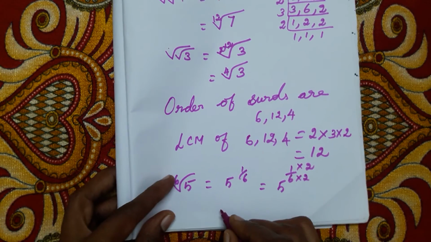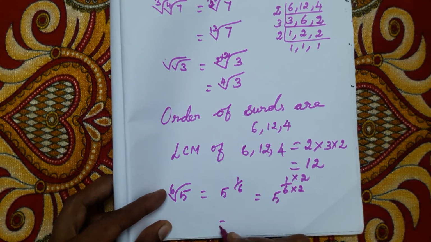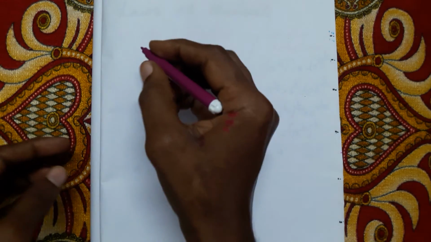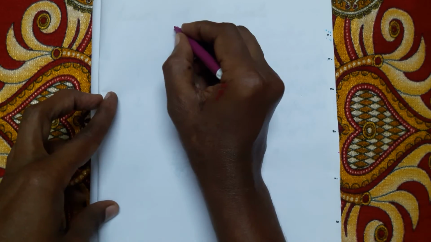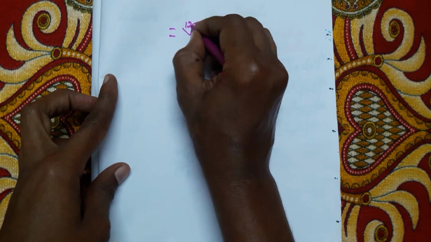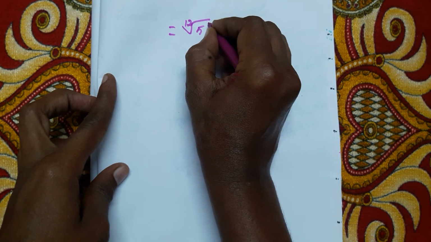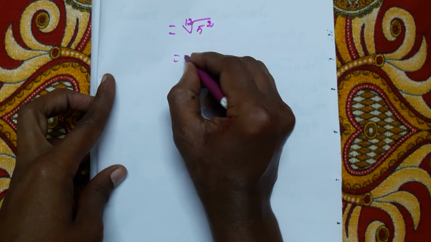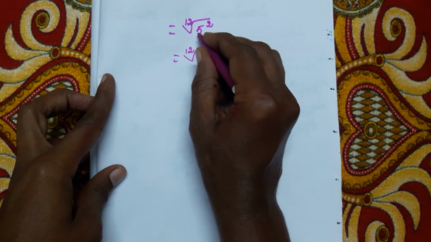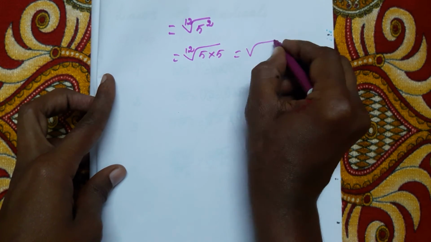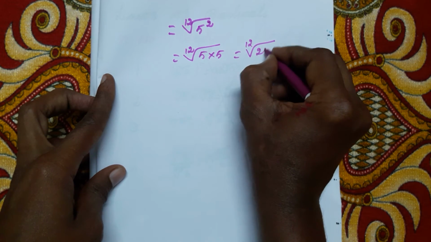So we get 5 power 2 by 12. This 5 power 2 by 12 we can write as the 12th root of 5 square. It's equal to the 12th root of 5 into 5, which is the 12th root of 25.